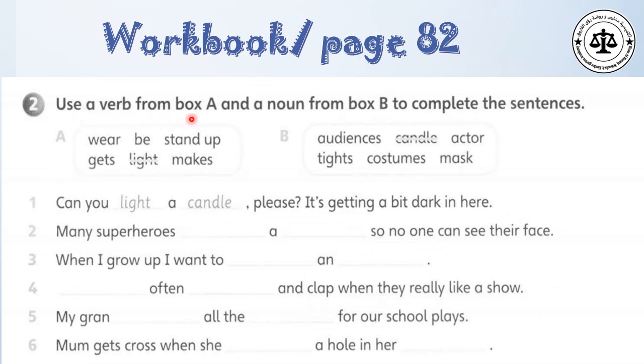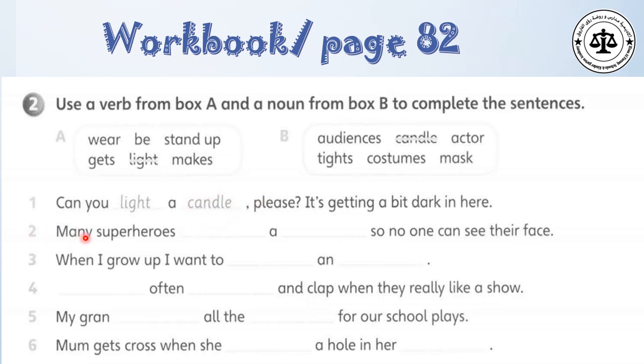Use a verb from box A, these verbs, and a noun from box B, these nouns, okay, to complete the sentences. Number 1, can you light a candle, please? It's getting a bit dark in here. Candle means شمعة.